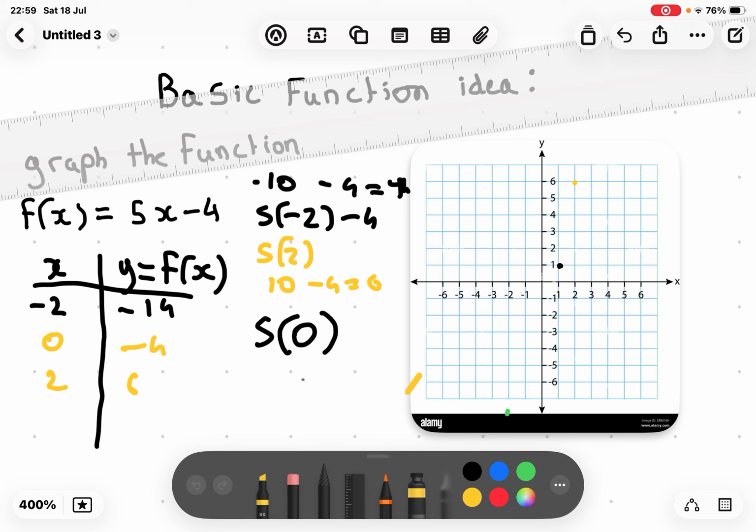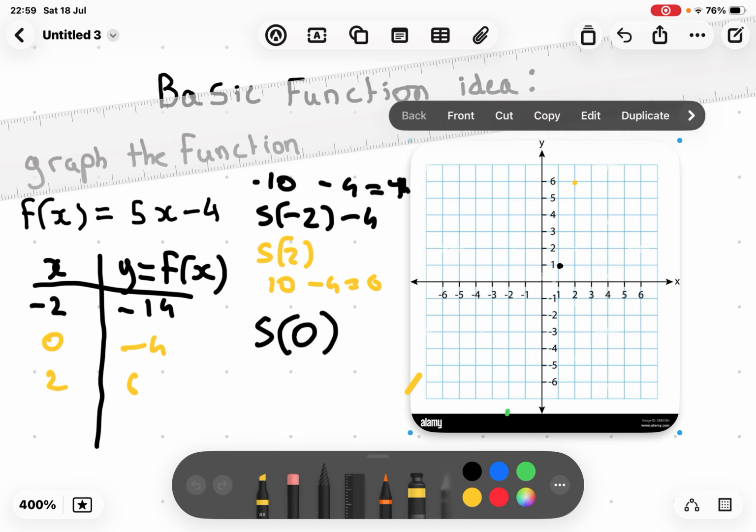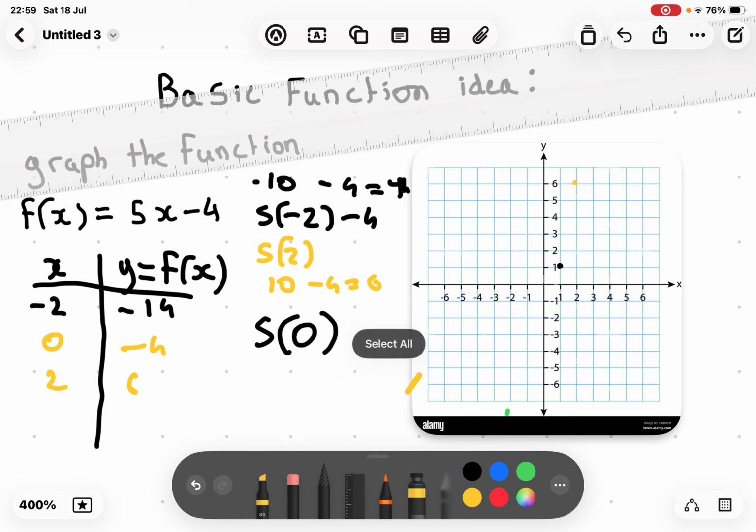So 5 times 0 is 0. -4 is -4, 0, so I'm confused why that is.